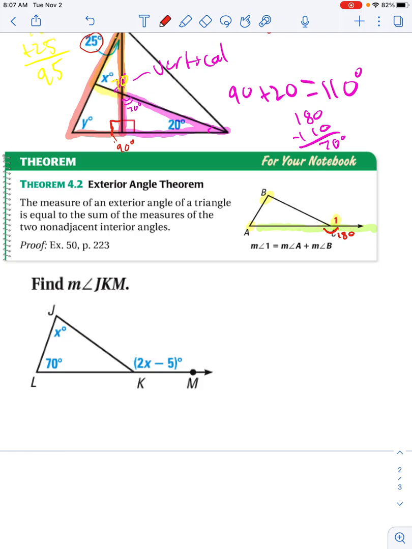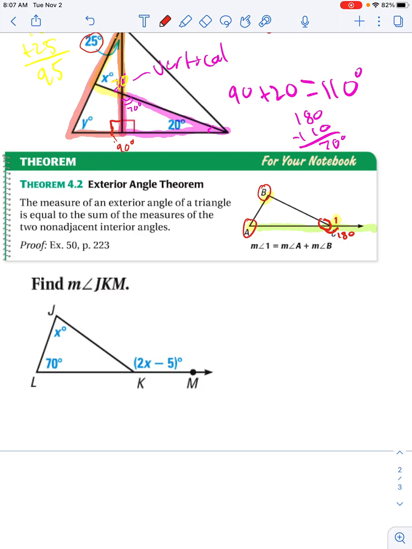Now that doesn't mean angle 1 is 180 degrees, but triangles also add up to 180 degrees. So whatever this is, plus this is going to equal 180 degrees. So it's all very similar.